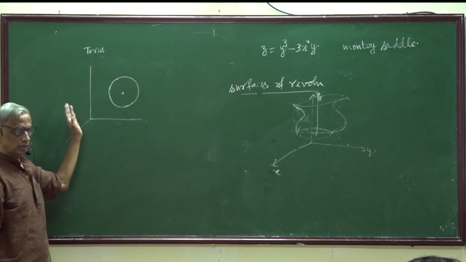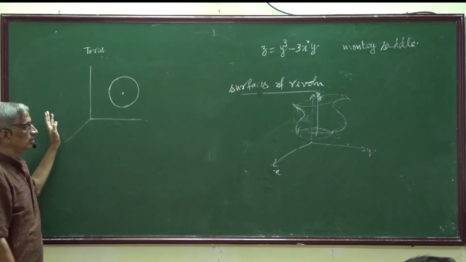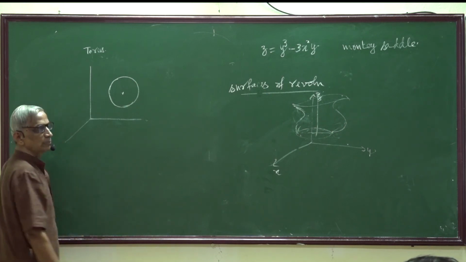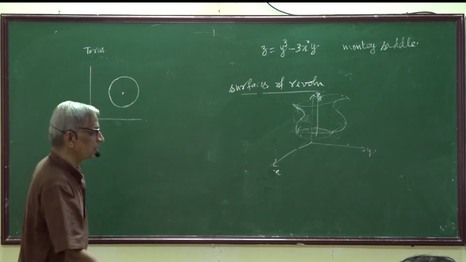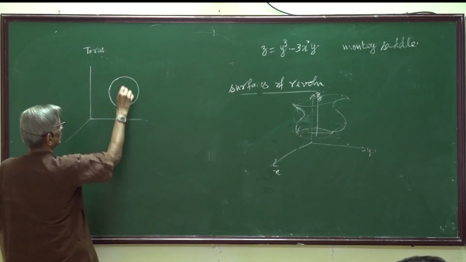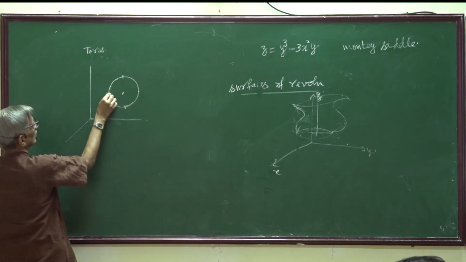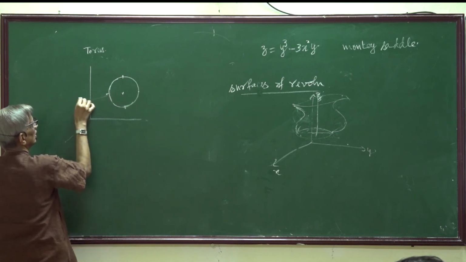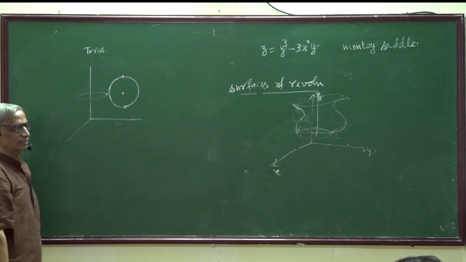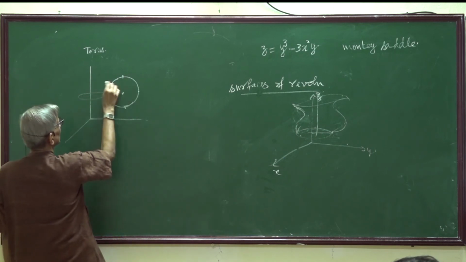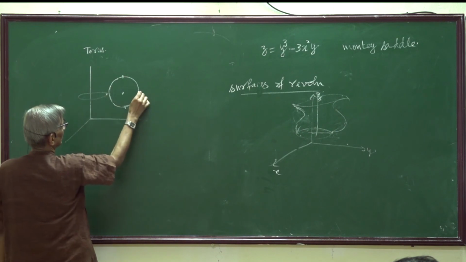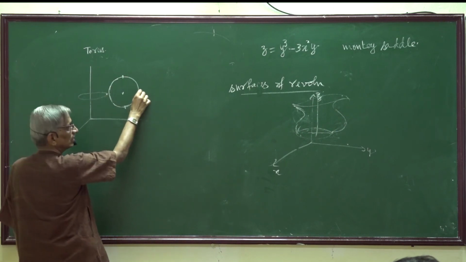Rotate this about the z-axis. What is the picture that you will get? So this will give you a circle like this. This will give you a circle like that. So this will give you the largest circle.